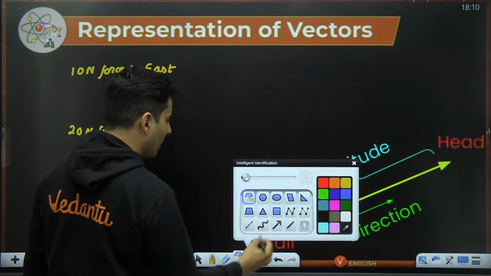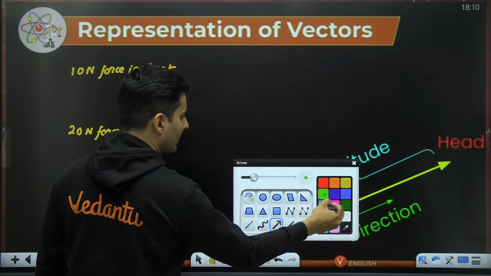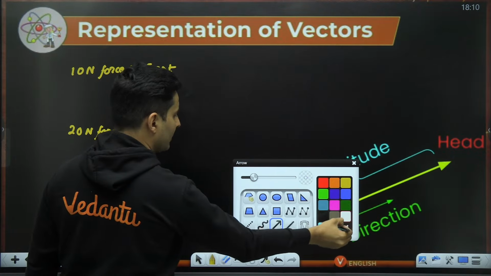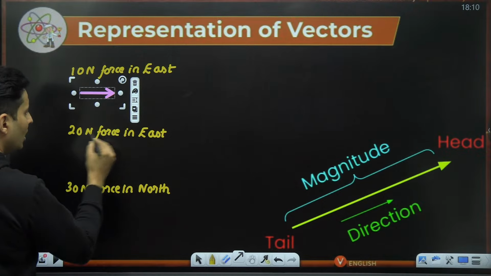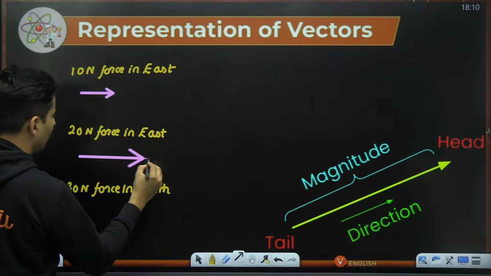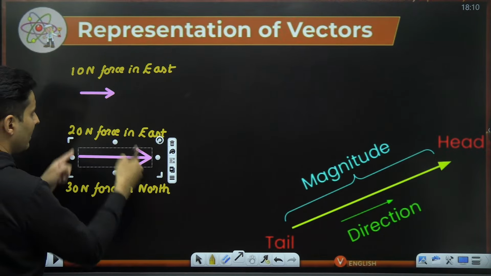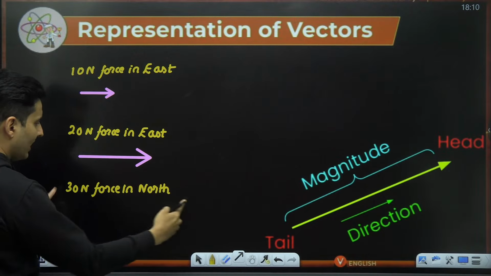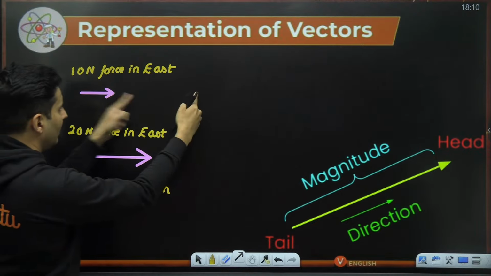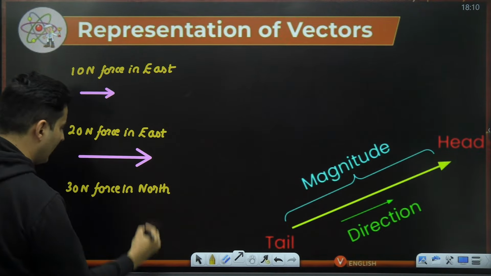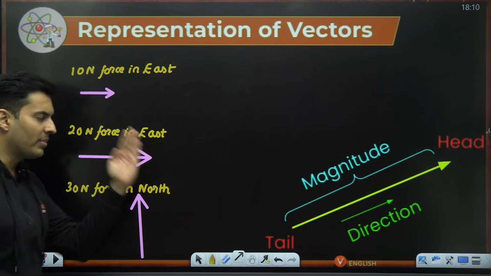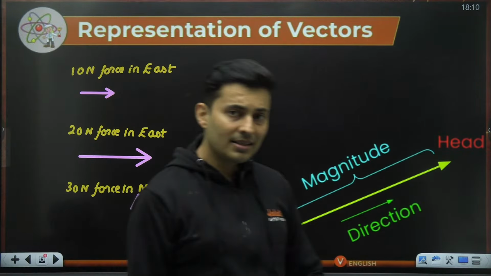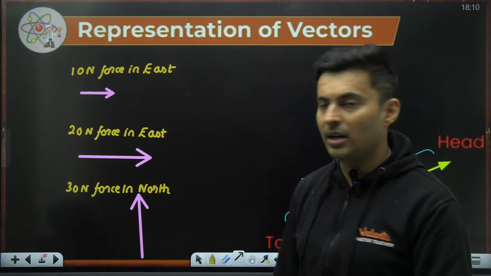So how will they look like in each situation? For example, in the first scenario, 10 Newton force in the east direction might be this much. 20 Newton will be double of this, so it might be twice as lengthy as this. 30 will be thrice as lengthy as 10, 3 times, but it is in the north direction, so maybe it is over here. So these are how you represent the vector quantities in the graphical or in the diagrammatical form.